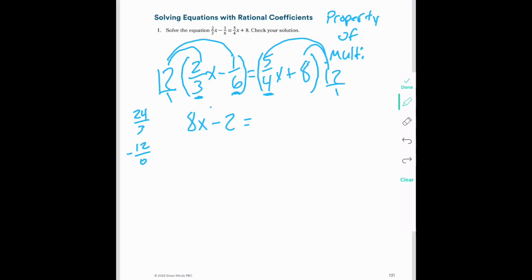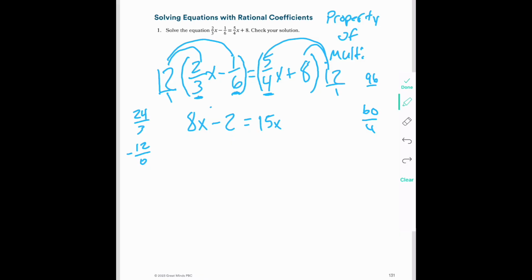Okay, equals, on this side, we would do 12 times 5, which is 60, over 4. We know that 60 divided by 4 is 15. So that's 15x. And then on the last one, we would do 12 times 8, which is 96.